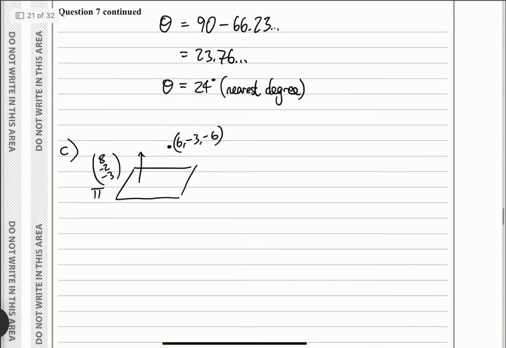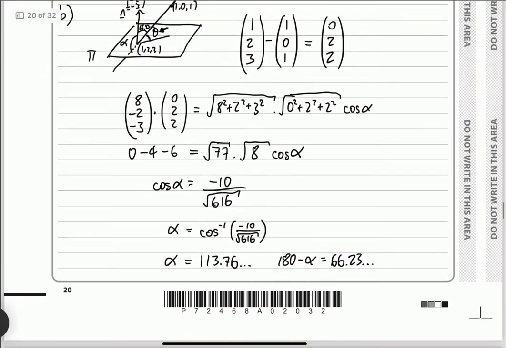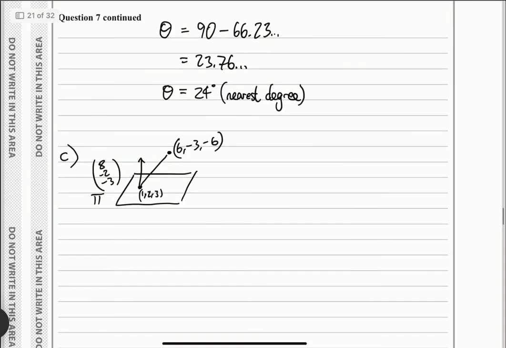But just to mix it up a little bit, let's do projection, because we know a point on the plane as well is (1, 2, 3). So we can get this vector here, or the direction vector, (6, -3, -6) minus (1, 2, 3).